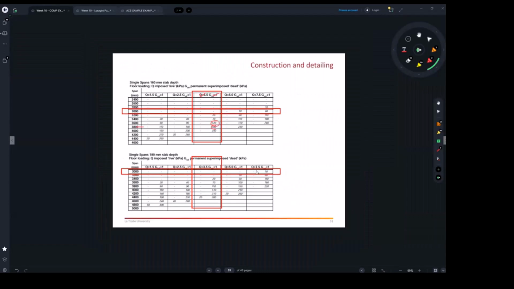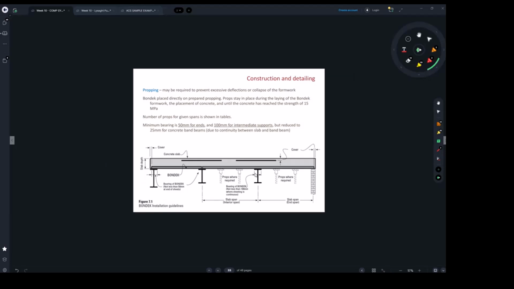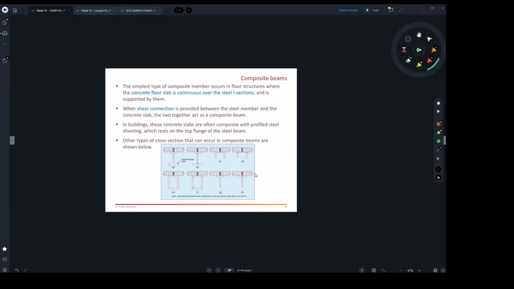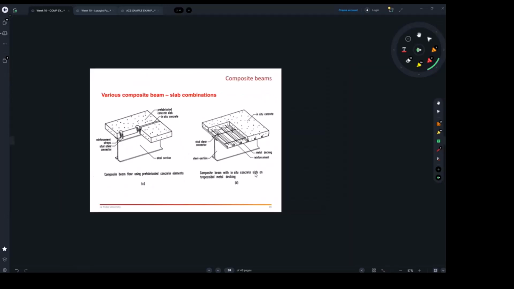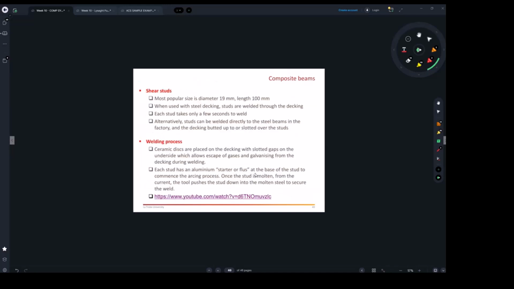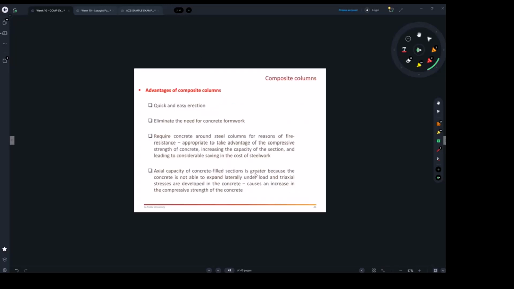So I think we will cover this, and most of our slides this week is talking about bonding. Then I'm going to talk about some basic details, and at the end I'm going to introduce you to other situations, but we won't have a lot of detailed situations. As I said, you got composite columns.